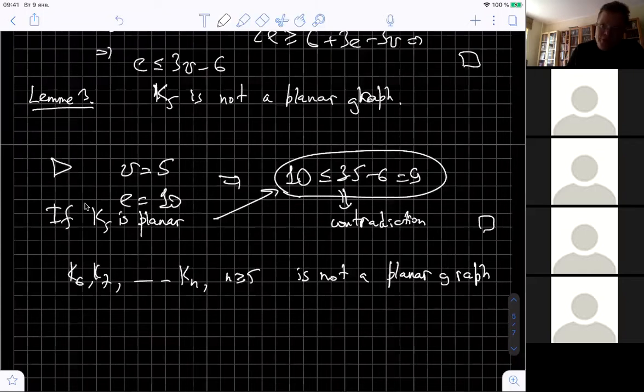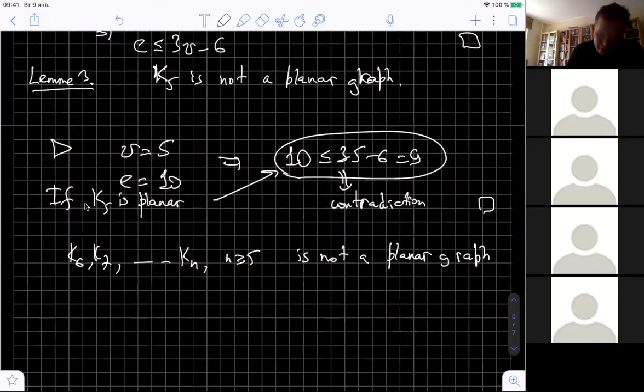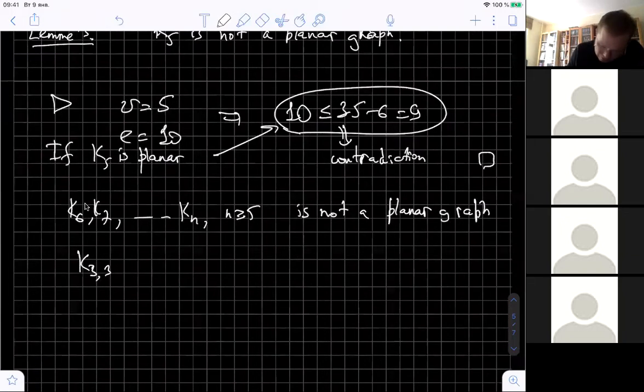Another example of a non-planar graph is K3,3, the bipartite graph with 3 vertices in each of the parts. The number of vertices is 6 and the number of edges is 9.